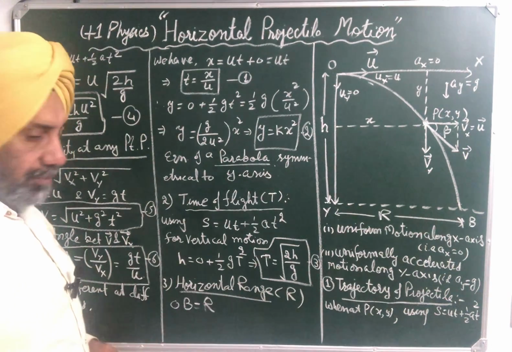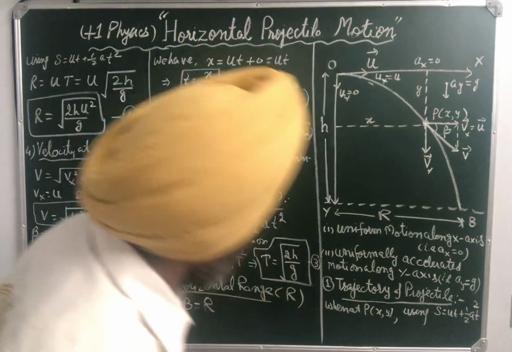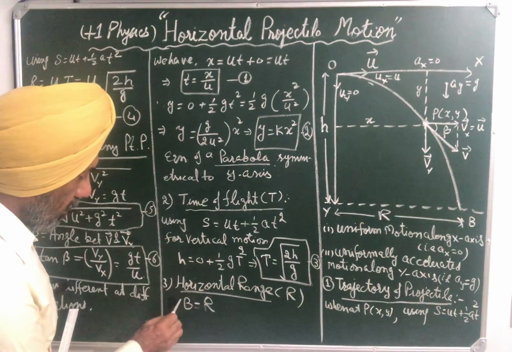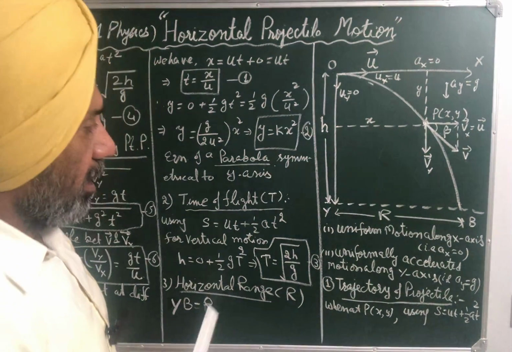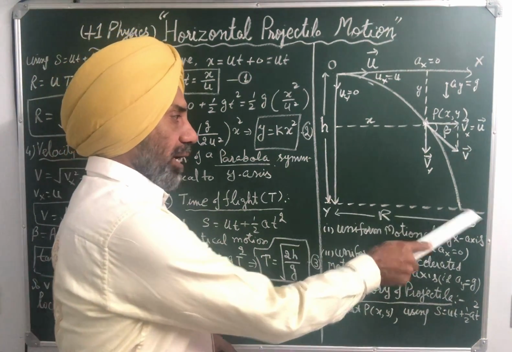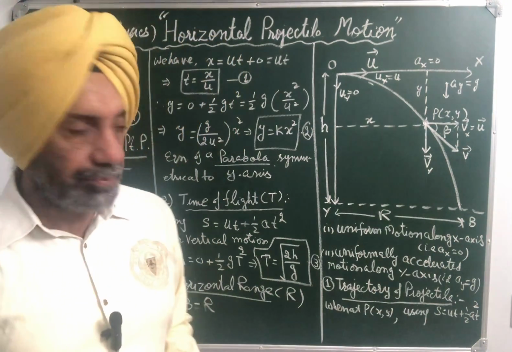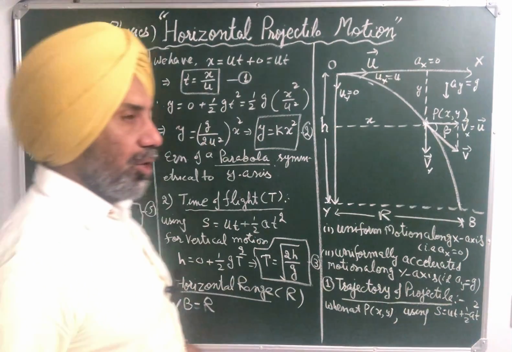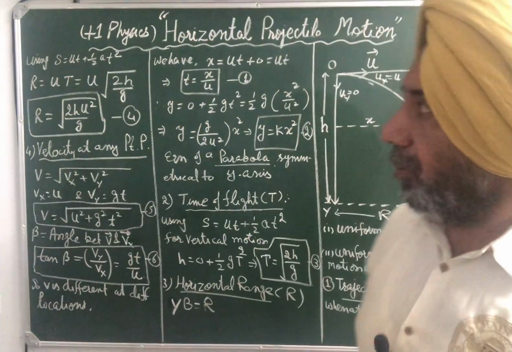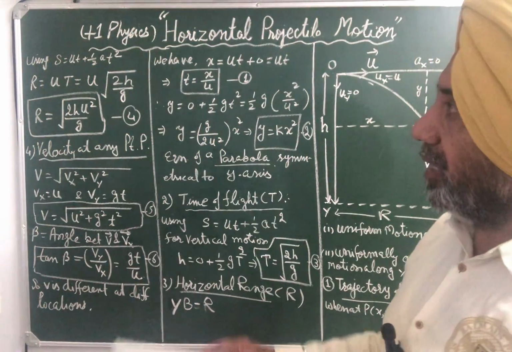Then horizontal range. Horizontal range is yb, the distance between the point B where the projectile strikes the ground and the foot of the tower. So yb is equal to the horizontal range, the maximum horizontal distance covered by the projectile.